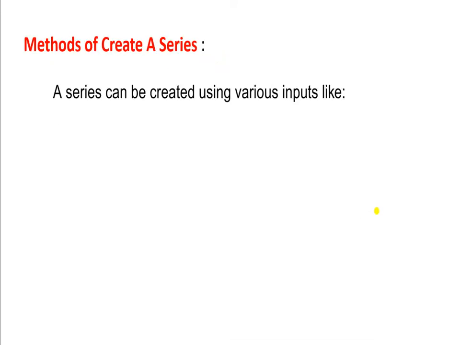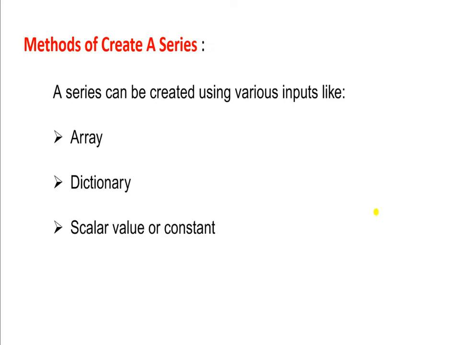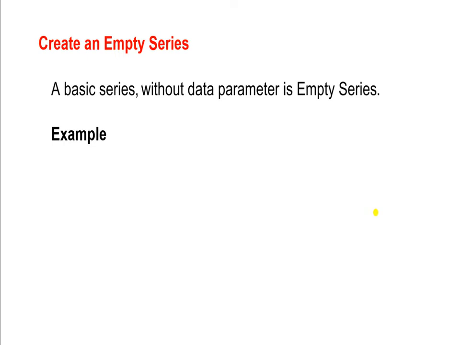So next is methods to create a series. A series can be created using various inputs like array, dictionary, scalar value or constant. So let me discuss one by one. First, creating an empty series, a basic series without any data parameter. This is called an empty series.